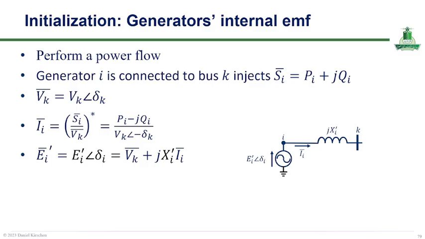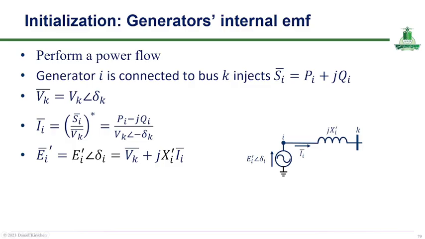So next, the bus voltage is expressed in polar form as V_k equals |V_k| with an angle of delta_k, where |V_k| is the voltage magnitude and delta_k is the voltage angle obtained from the load flow solution. So using the complex power equation, the generator current can then be calculated.